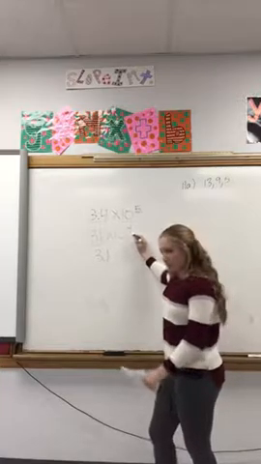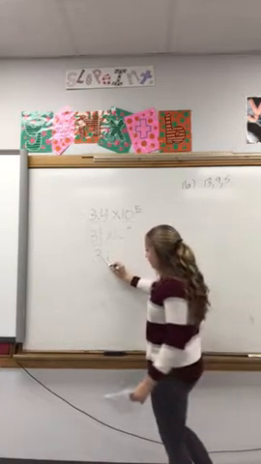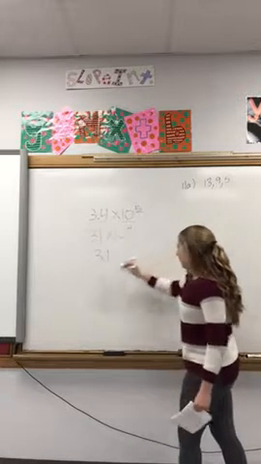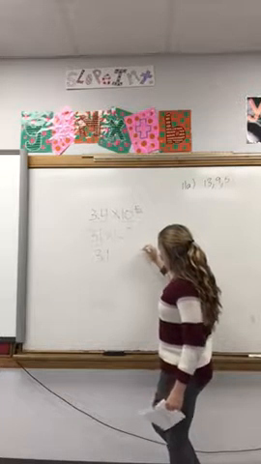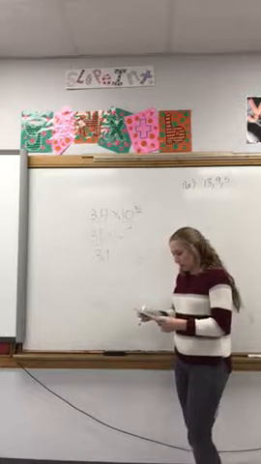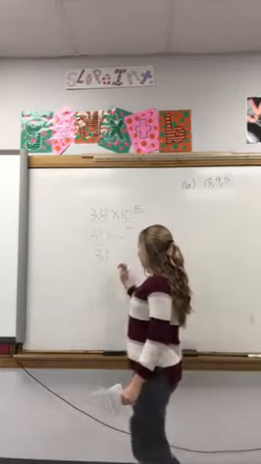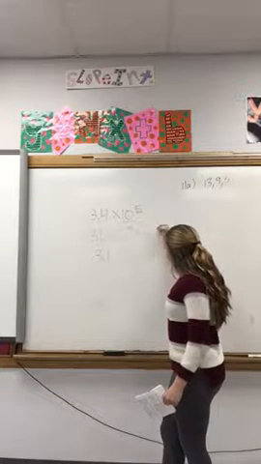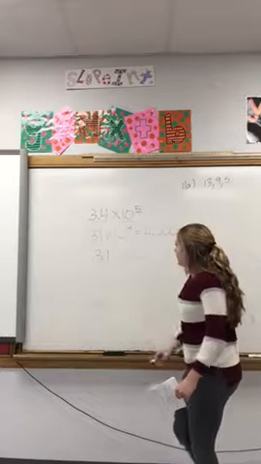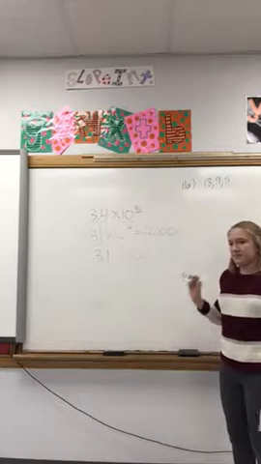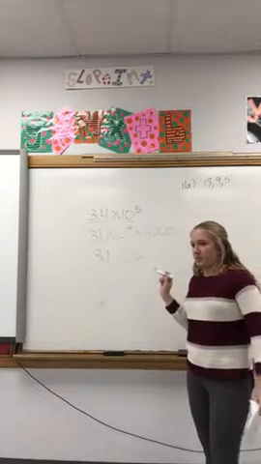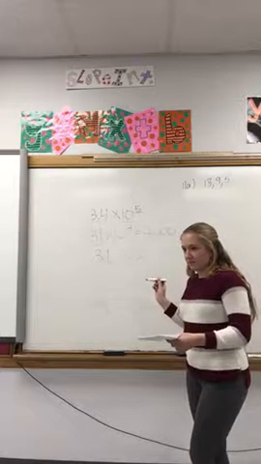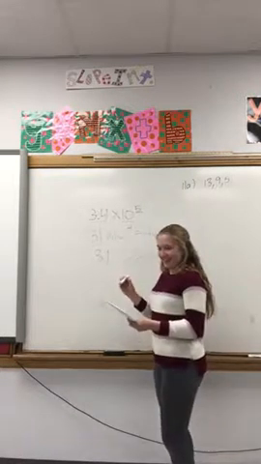So you have to move it 4 places, and then you just fill it in with zeros. And that's basically your number. So 3.1 times 10 to the 4th would be 31,000. Okay? Alright.